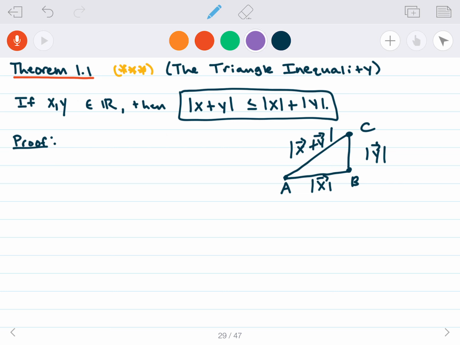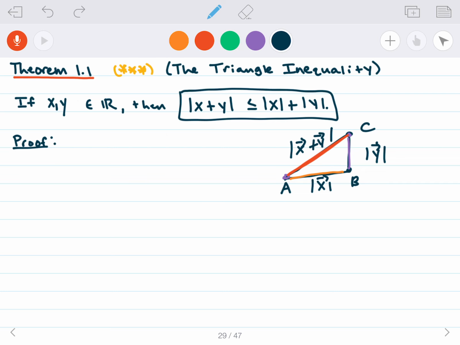All this is saying is that the shortest distance from A to C is always going to be this straight line. So this is going to be shorter than going this way and then this way, or it could be equal if this is a right triangle. Okay, so that's the intuition behind why this is called the triangle inequality.